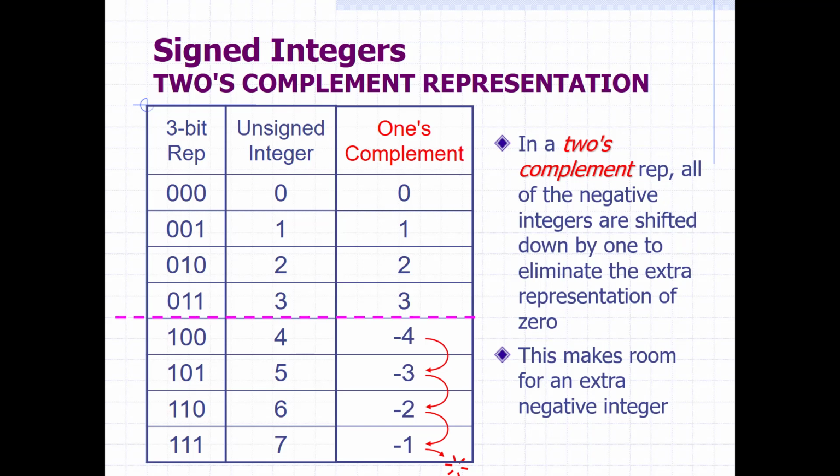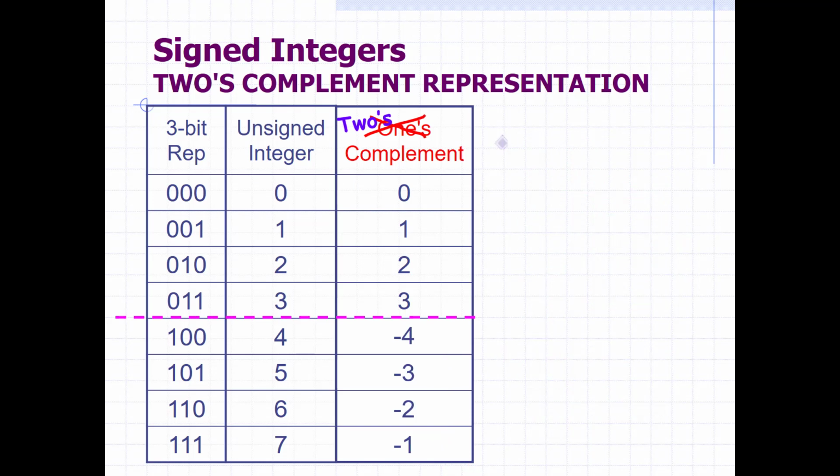And the conversion to and from 2's complement isn't bad at all. It's basically like your conversion to 1's complement, except you just have to shift everything by adding 1. So now we finally have something that's going to work, called 2's complement.